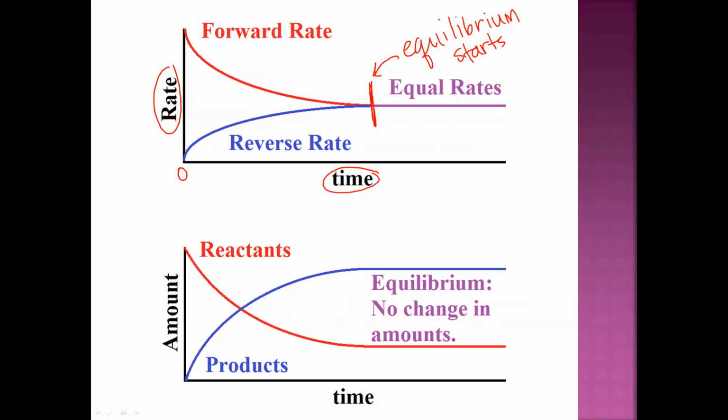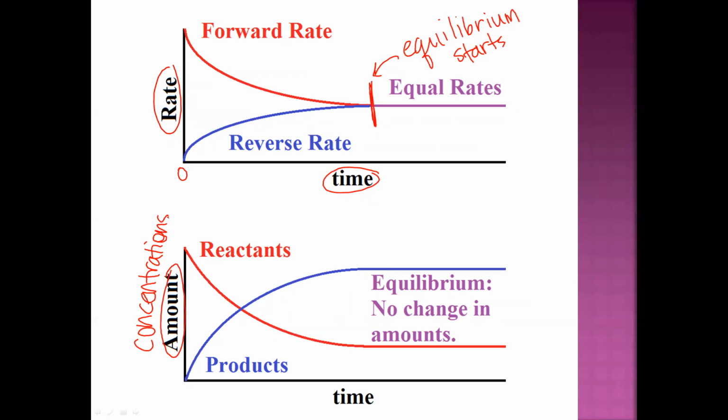Now the bottom one, the difference is that it's talking about the amount. Also could be concentration. Concentrations, it could be number of particles, all those kind of things, okay?